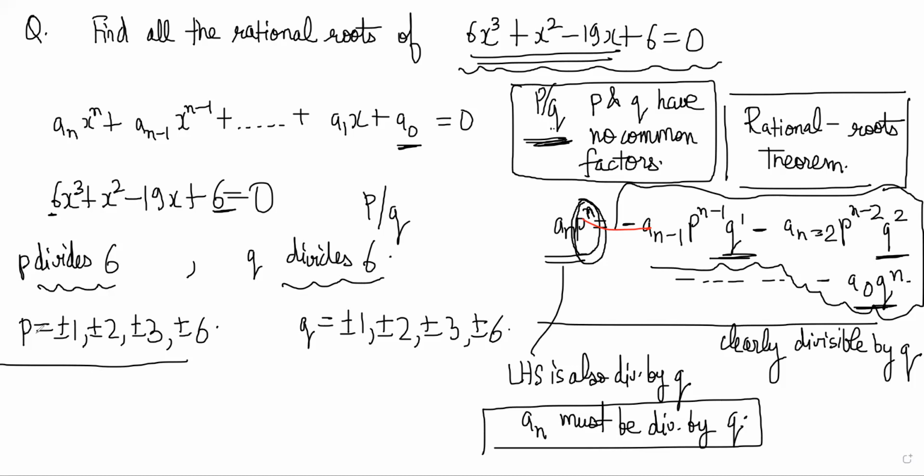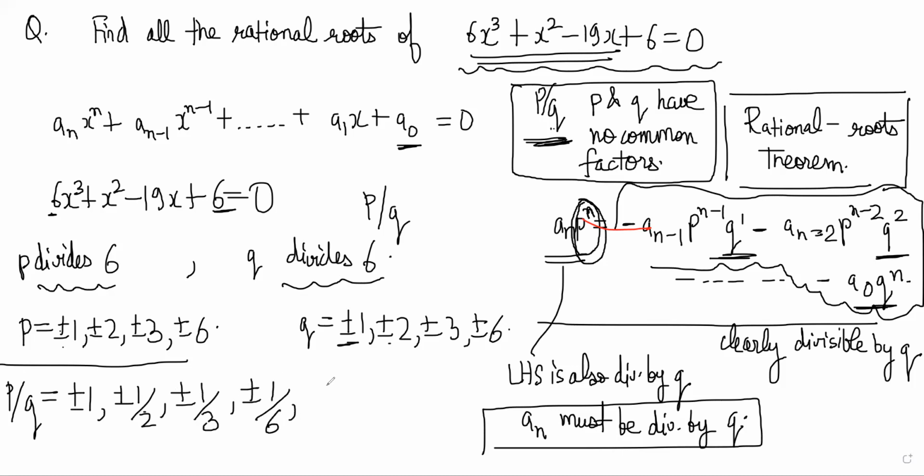Then you can immediately start getting the possible values of p by q: plus minus 1 by plus minus 1, so plus minus 1, plus minus 1 by 2, so plus minus half, plus minus 1 by 3, plus minus 1 by 6, and similarly plus minus 2, plus minus 2 by 3; plus minus 1 by 3 we have already written.